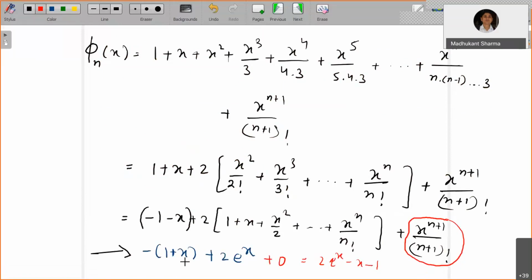So we have seen 2 examples where Picard's approximation tends to the analytical solution. At present we can accept that this result is proven. We are not interested in proof here, so we have seen some examples.